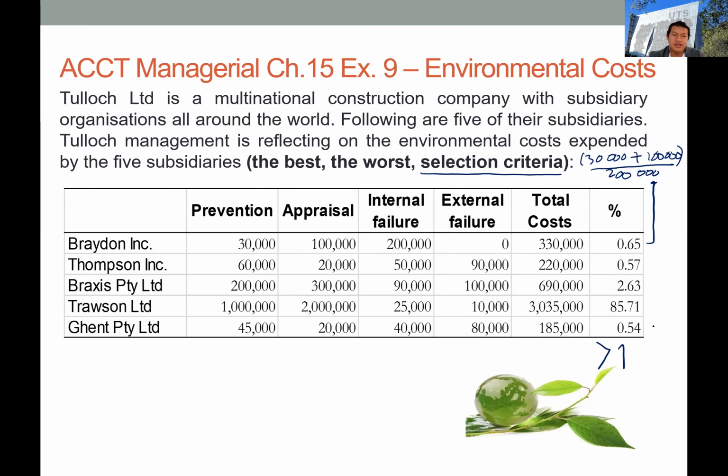So we have two candidates: first Braxis, and the next one is Trausen. Braxis and Trausen are our candidates as the best performing subsidiary.